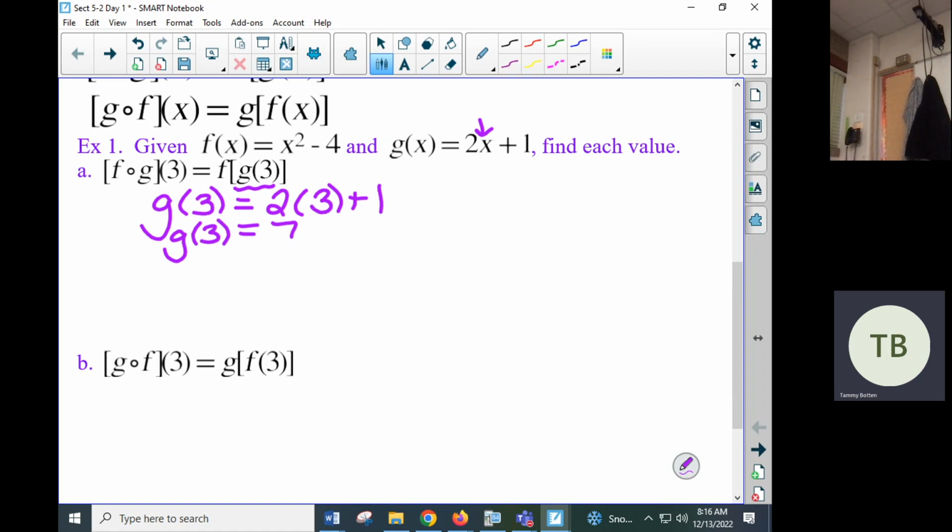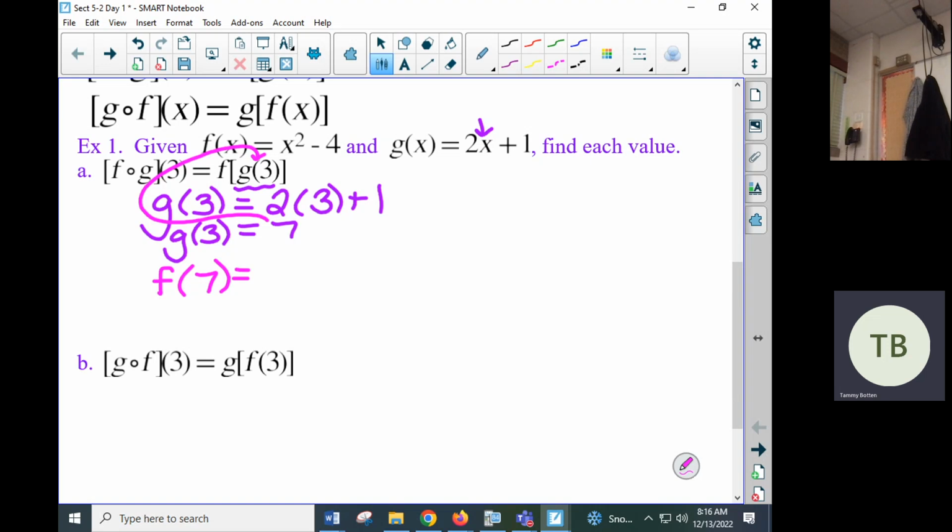Okay. Then what you have to do is you take whatever you get here, which is 7, and you put it in there. And so what you're basically finding then is f of 7. Okay, so whatever you get here, you put in here, and then you're finding f of 7.